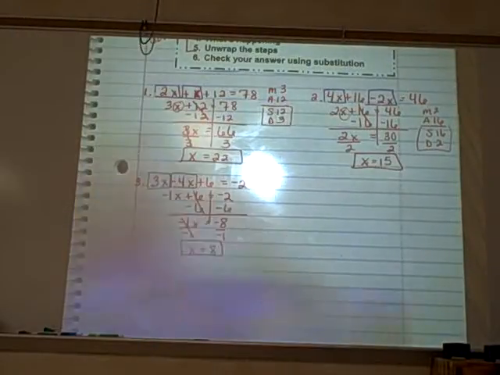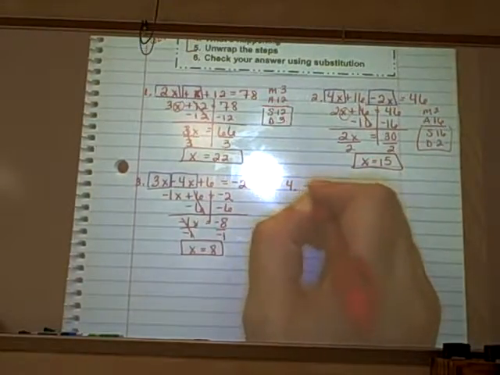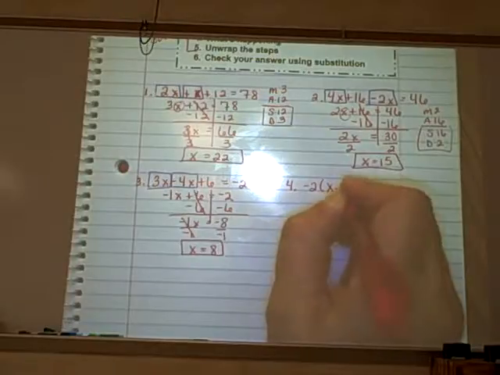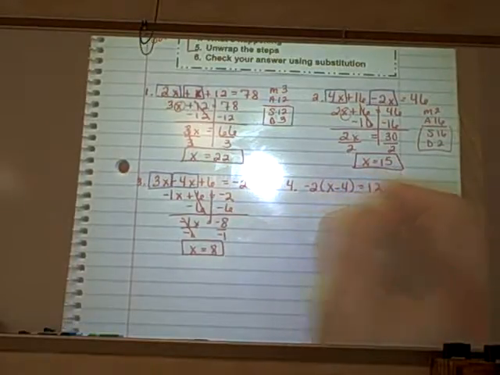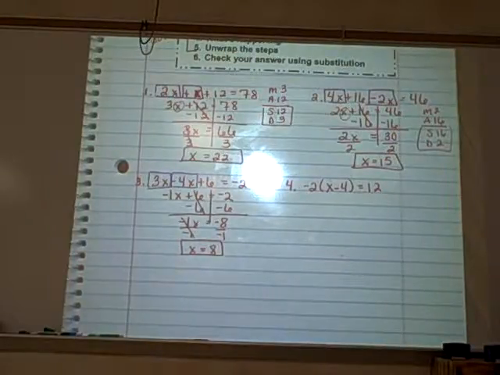So let's do one that has distributing, so you can see how that one works. Negative 2, parentheses, x minus 4, close your parentheses, equals 12. So obviously this one has parentheses, which tells me immediately I have to distribute.